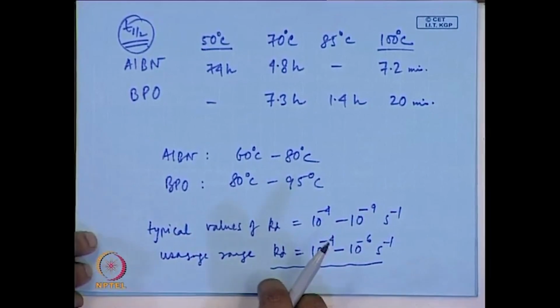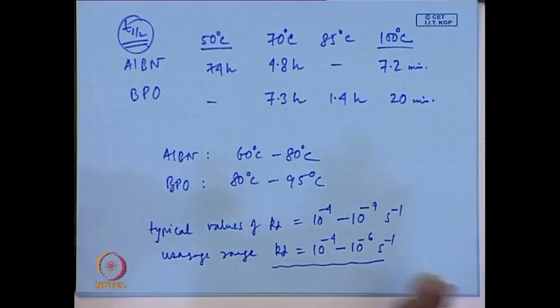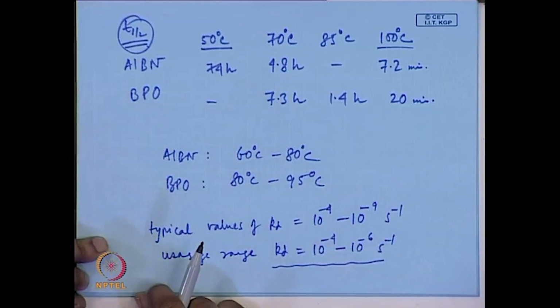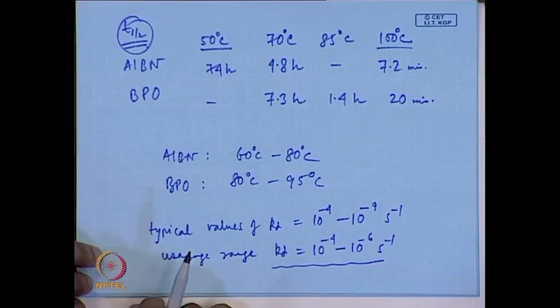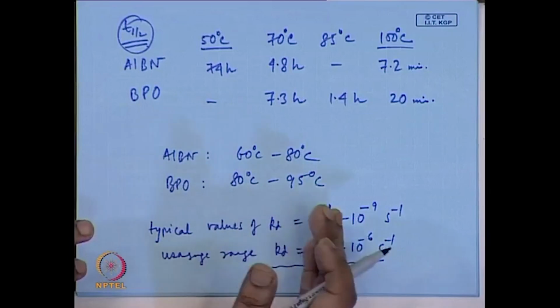So, we now know what molecules are typically used for thermal initiation, what the criteria for an initiator molecule should be, and, looking at the t half values at different temperatures, we should choose a temperature and initiator combination for a particular reaction.